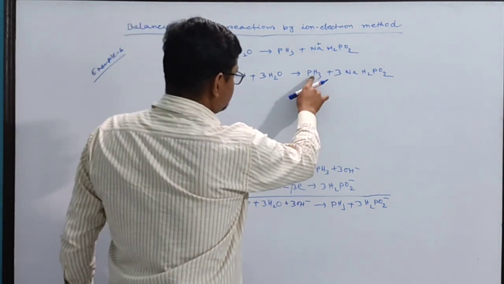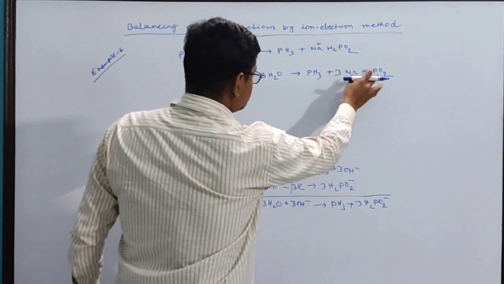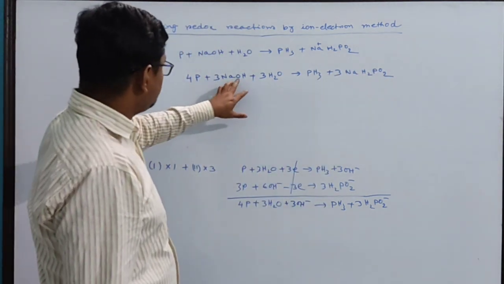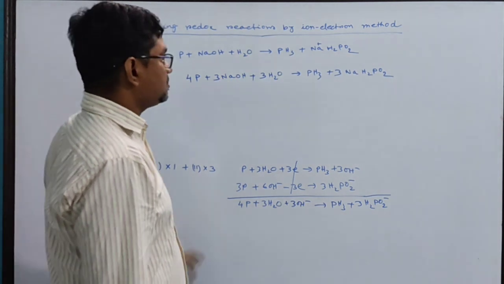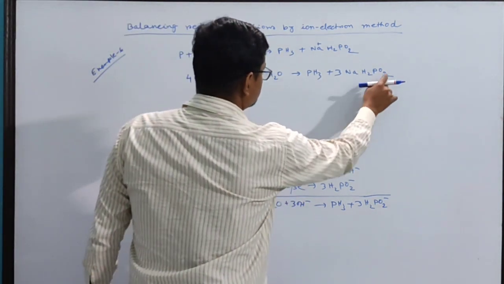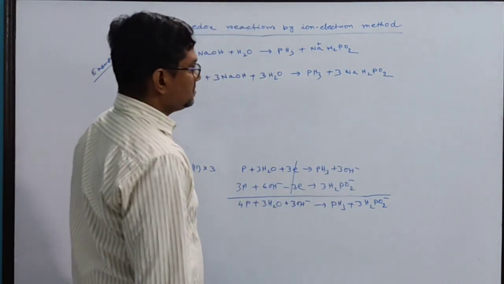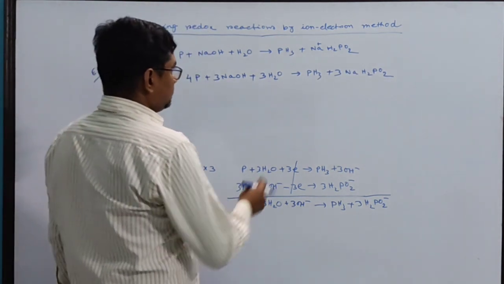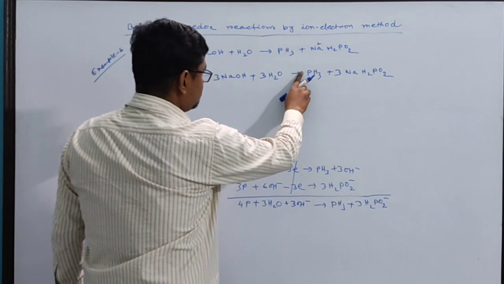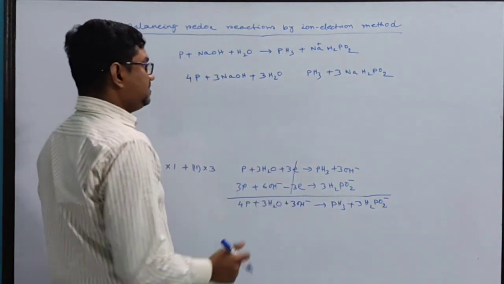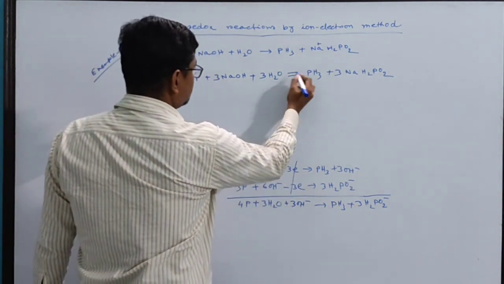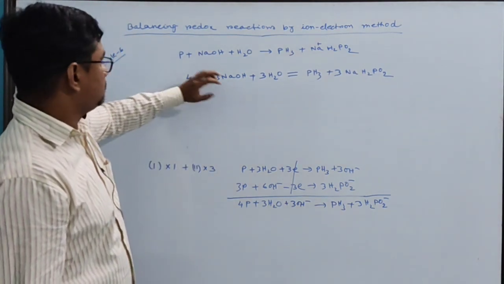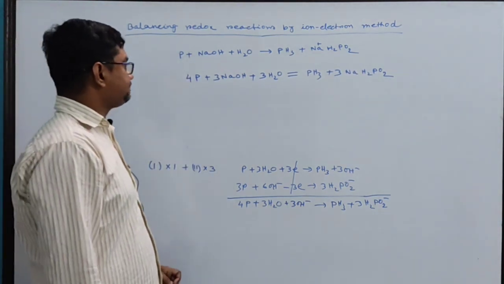Here you see 3 hydrogen and 6, so overall 9 hydrogens. And the oxygen, 3 oxygen and 3 oxygen means 6 oxygens are there. 3 into 2 means 6 oxygens are in the right hand side as well. So everything is balanced. When you are satisfied, you just remove this arrow sign and place equal sign. This is the balanced redox reaction of the given reaction.